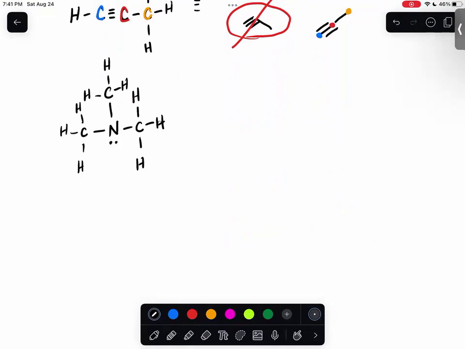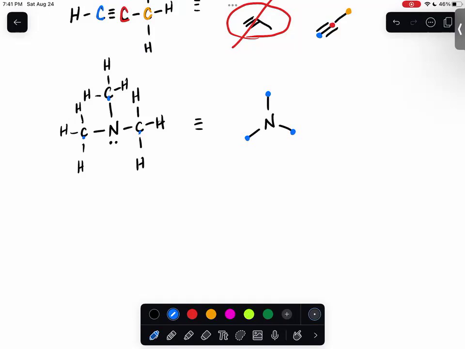So what that's going to look like in our bond line structure or skeletal structure, we're going to have that nitrogen there in the middle, and it's going to have these three CH3s hanging off of it, right? And so these ends of the lines are all carbons, and they're the ones that we see over here. And again, those three hydrogens on each are implied.